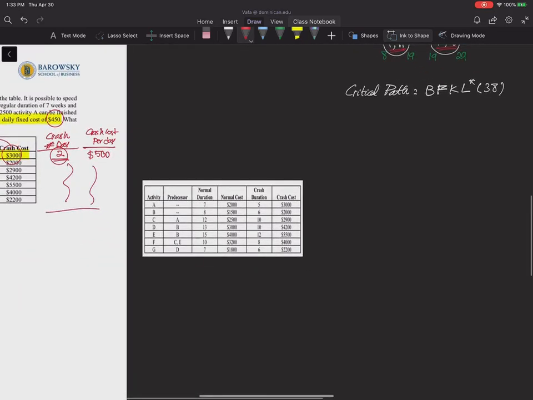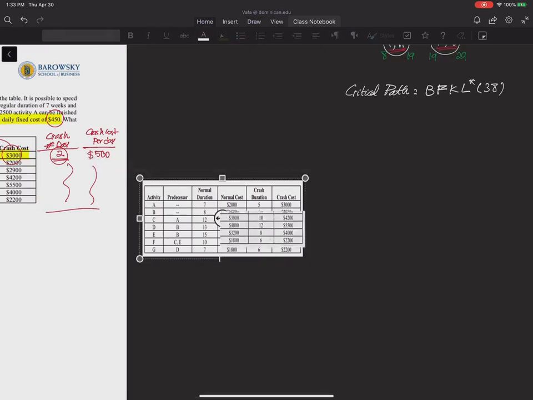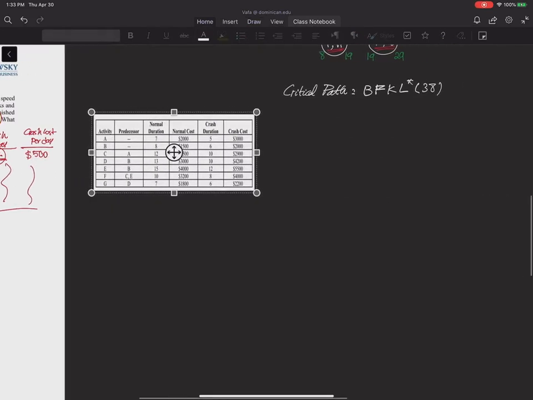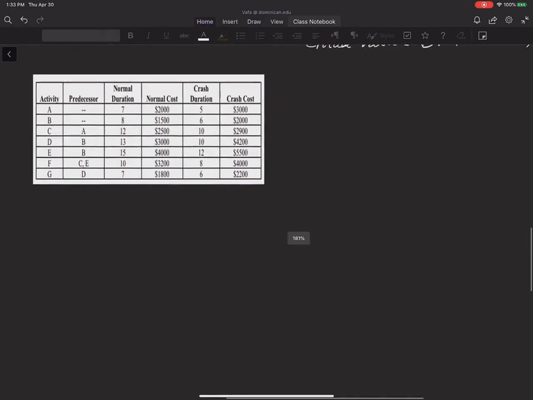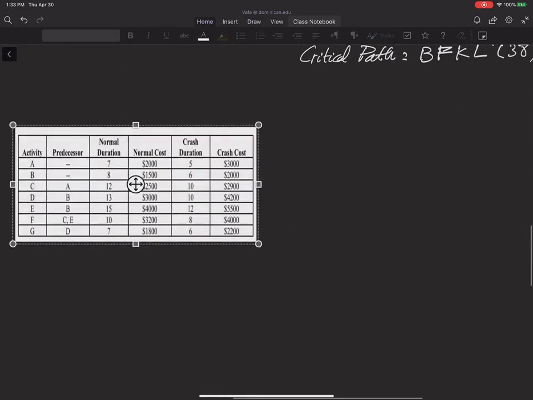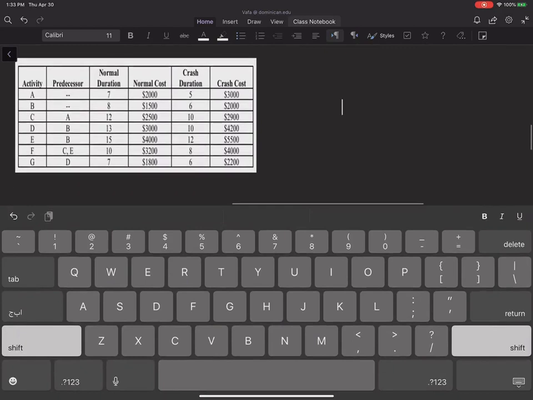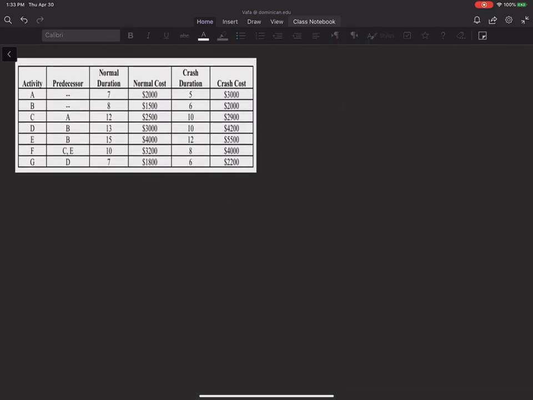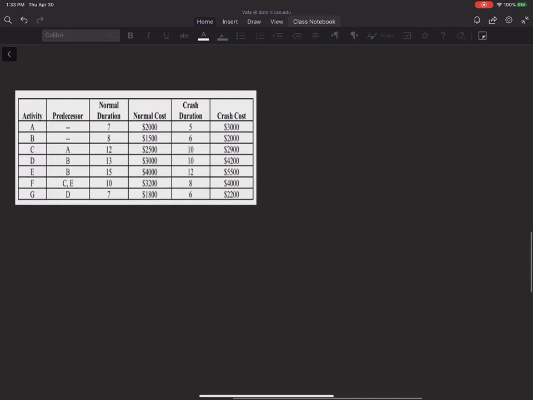So now let's take a look at it. Again, I have copied the table here so we don't have to go back and forth in order to solve this. The first thing that I need to do is to find the crash cost per day and the number of days that each activity can be crashed.